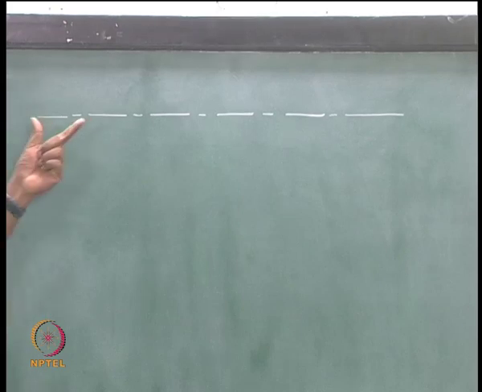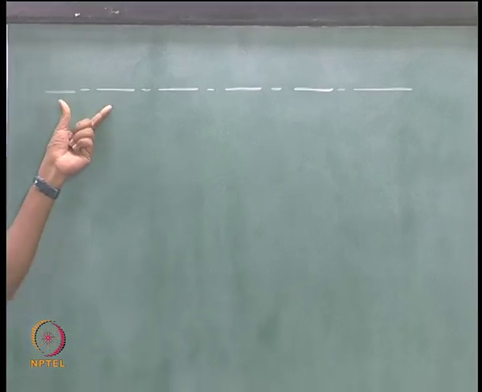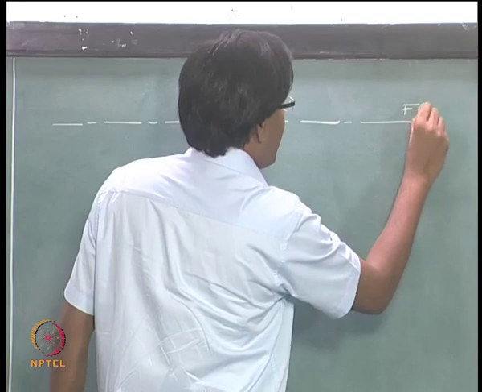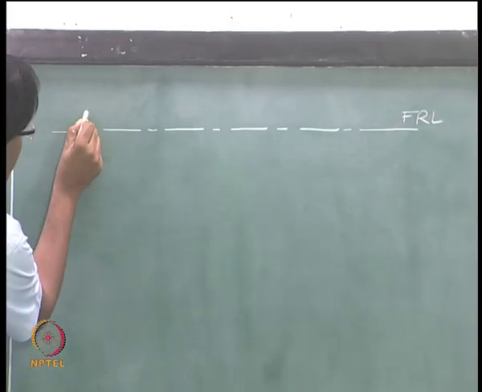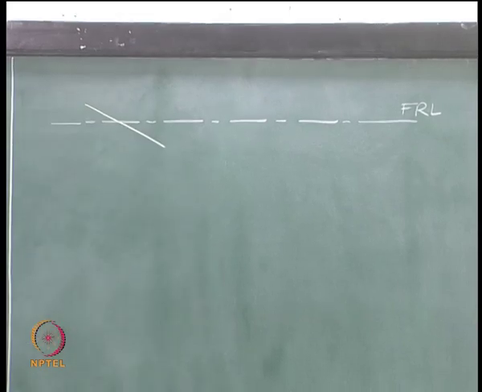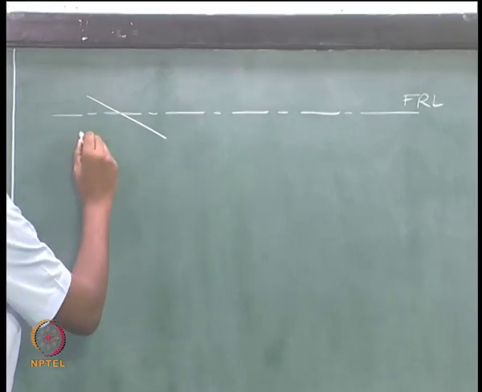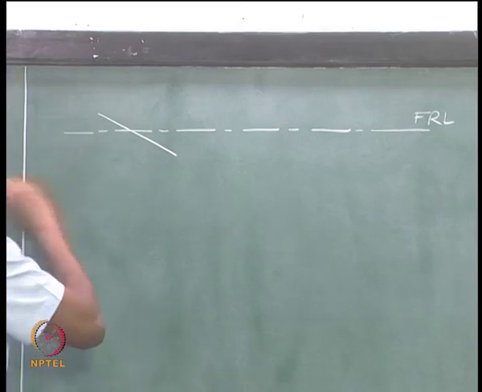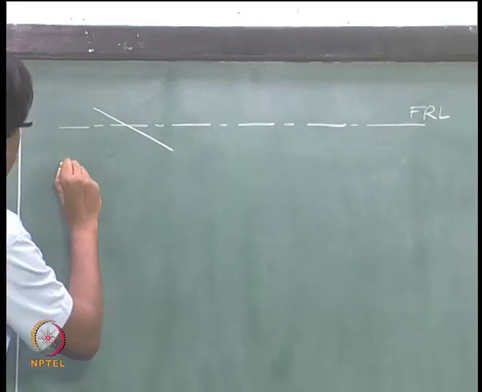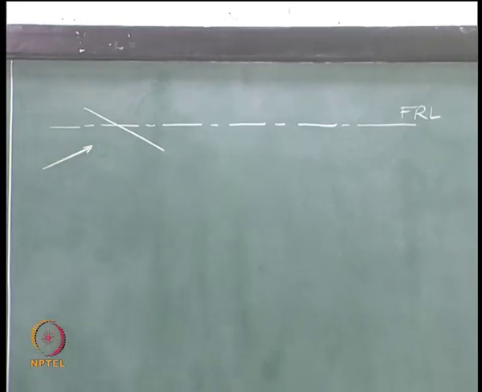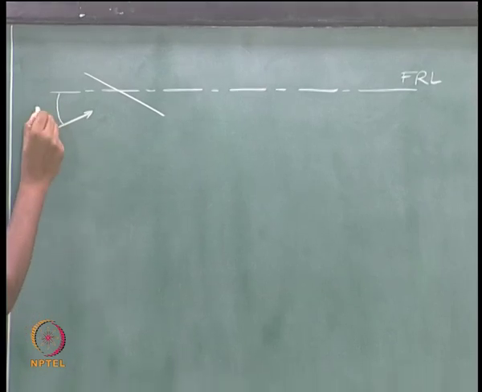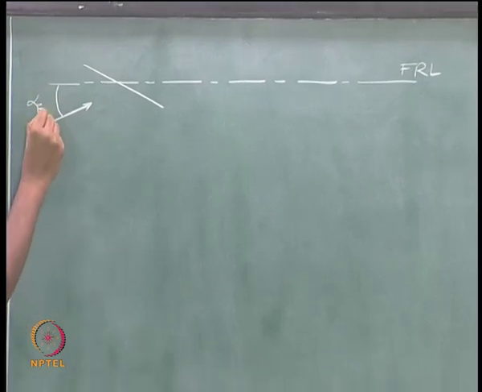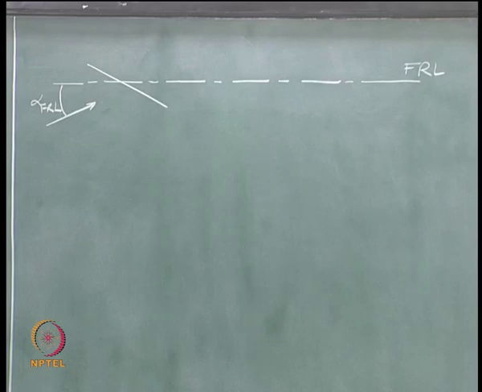Right. So, let us say this is our fuselage reference line. The wing is located here, and relative wind is coming onto the aircraft at an angle of attack which is measured with respect to the fuselage reference line, and therefore, it is called alpha FRL, right.